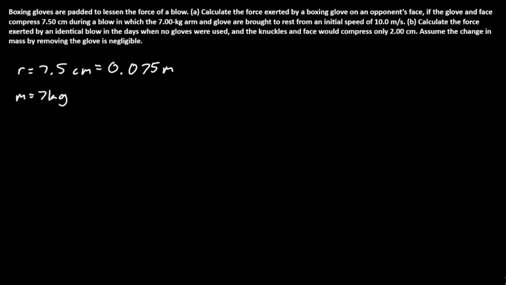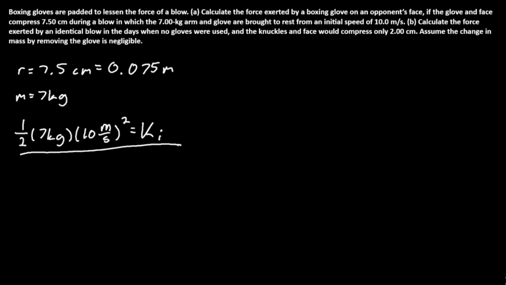So let's find the kinetic energy. So this is the initial kinetic energy of the arm. And once you solve for initial kinetic energy, the initial kinetic energy is equal to 350 joules.